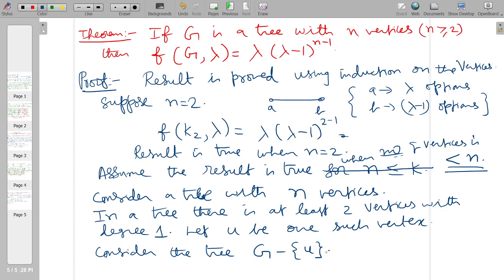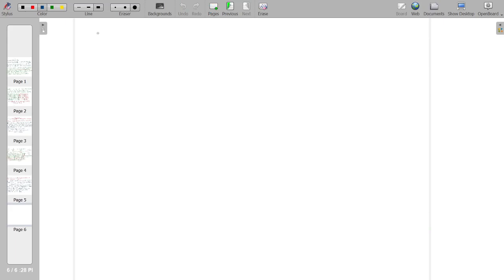What is this tree G minus u? From the tree, you remove the vertex u from it, and that will be your tree G minus u. Number of vertices in G minus u is n minus 1.